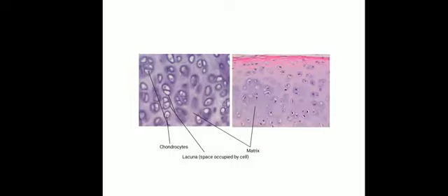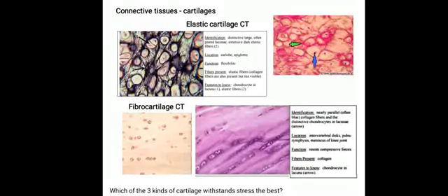When you view it under a microscope, this is what you're expected to see there. Then hyaline cartilage, this belongs to hyaline cartilage. Then the elastic cartilage, this is it. Then the fibrocartilage, this is it.